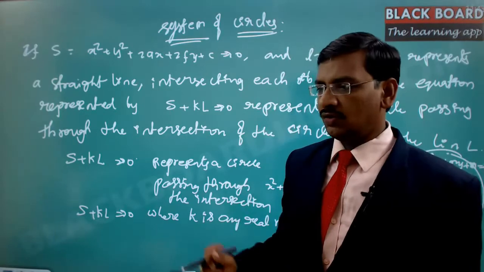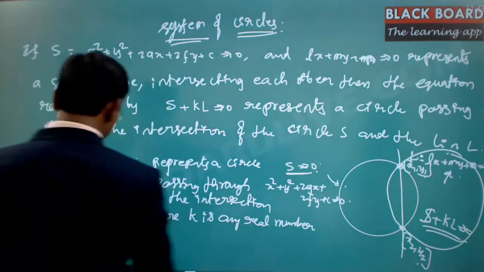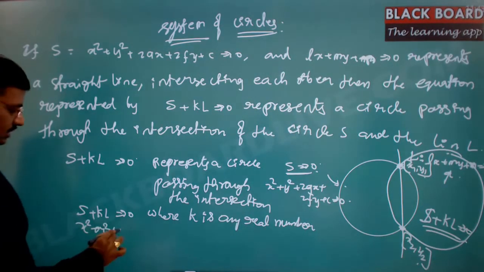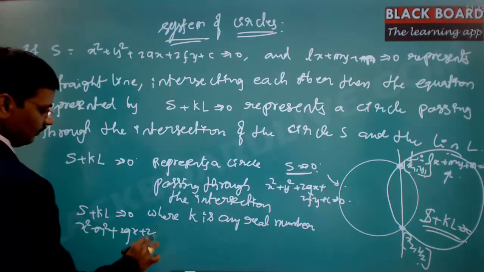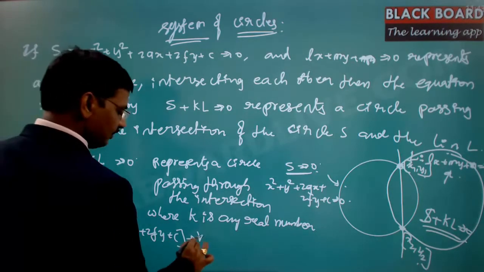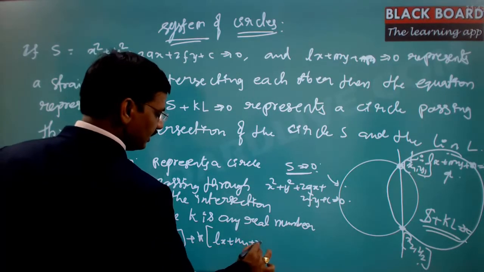Now in this equation, if you substitute S, we get x square plus y square plus 2gx plus 2fy plus c plus some K times Lx plus my plus n equal to 0.